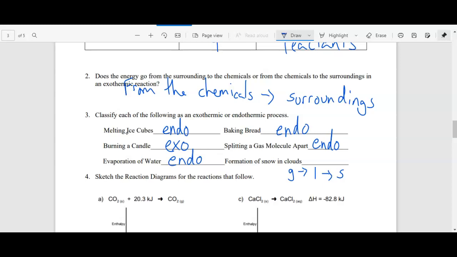So my question here is, to go from gas to liquid to solid, are you adding heat or taking heat away? For things to condense, and then for things to freeze, you got to take that heat away. So this one's going to be an exothermic reaction.